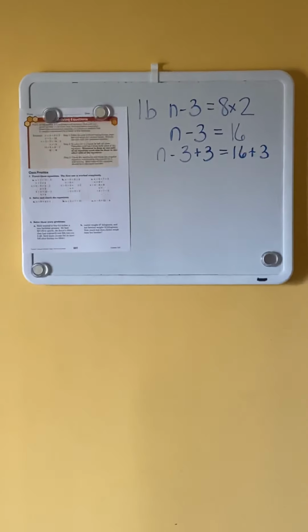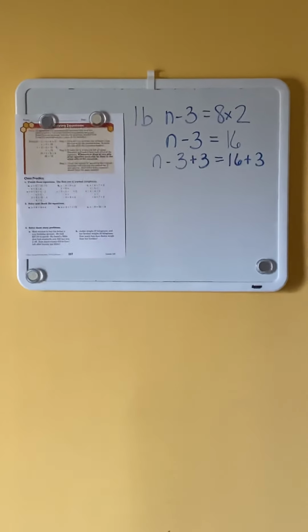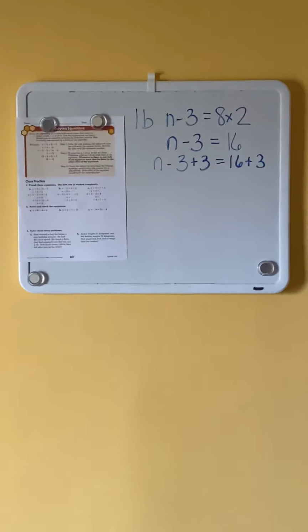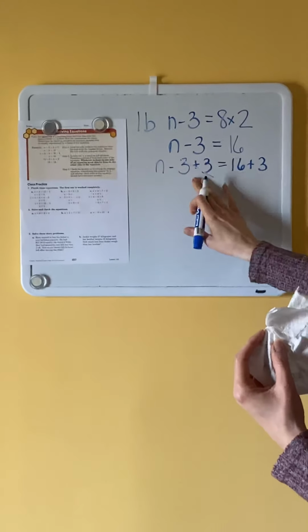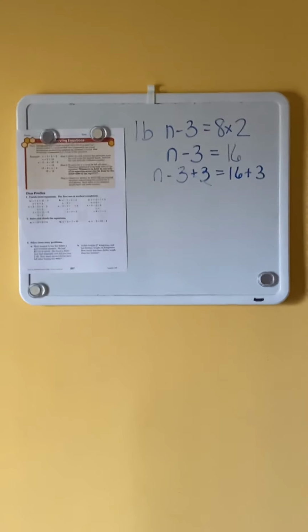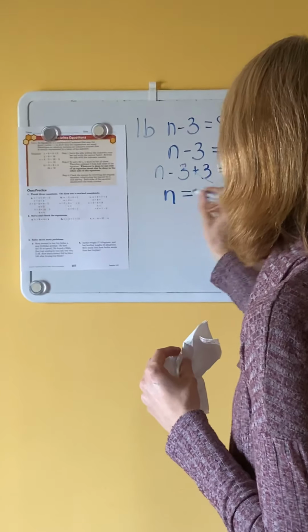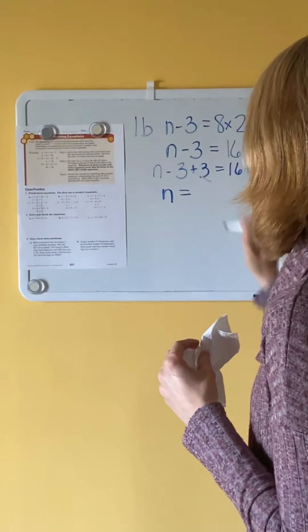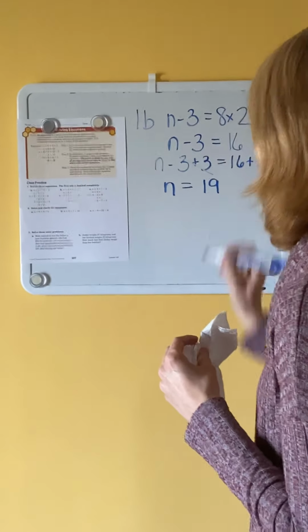So we have to do the opposite to get n by itself. And remember, the last time I lightly crossed off the 3s because the 3s have been canceled. And now we have n by itself. So now we have to write n equals the answer to 16 plus 3, which is 19.